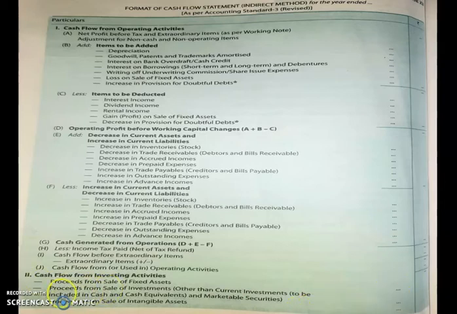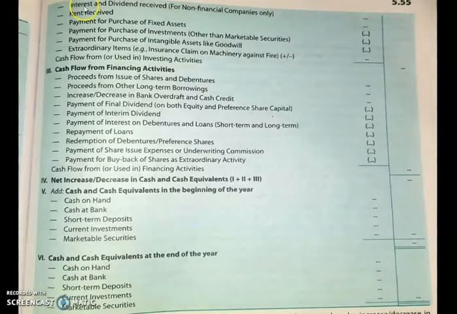Same is the case when you sell an investment, there will be cash inflow. All those cases of investment will be shown in investing activity. And if you have purchased any fixed asset, then you will have to pay cash, so that is outflow of cash, and it will be shown with a negative sign.